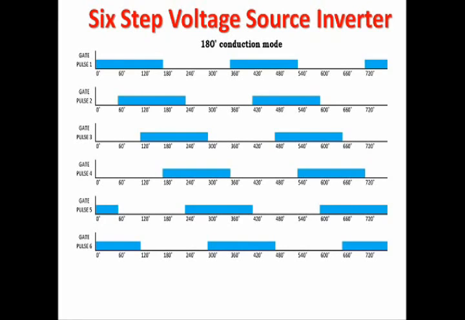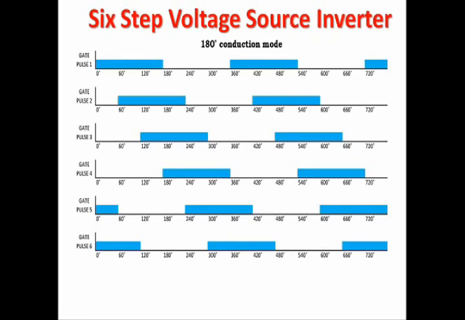The reason for MOSFET conduction is the arrival of the gate pulse. The reason for the MOSFET not conducting is the absence of the gate pulse. So this conduction fully depends upon the gate pulse.